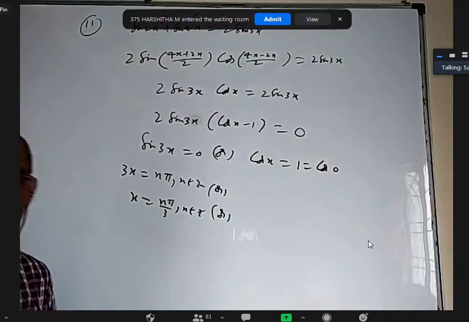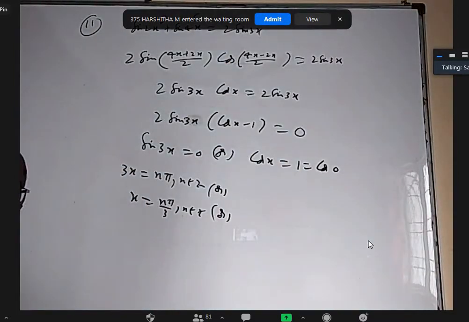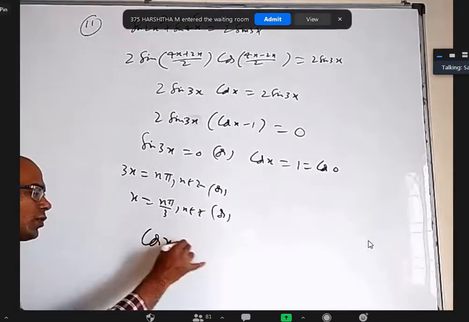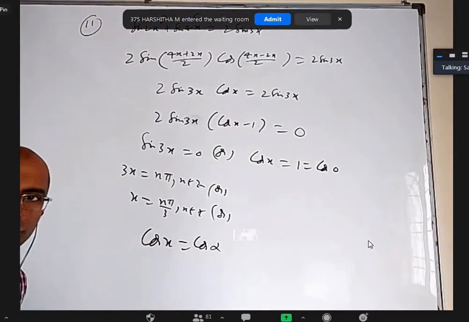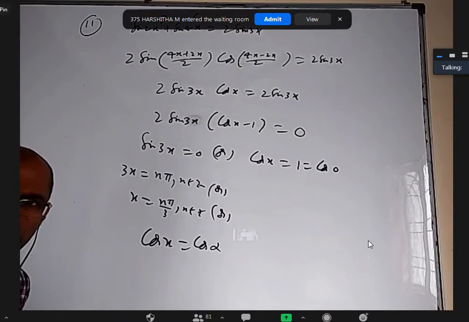Roll number 277, Krishna Teja. Cos x equal to cos alpha. What is the formula for the general solution? Yes, sir.